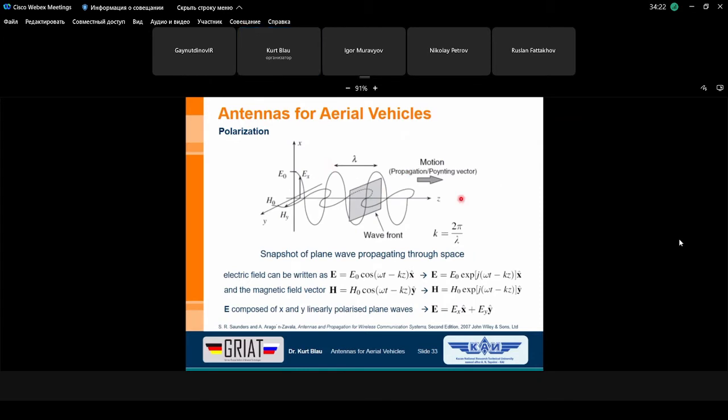Then this is another sketch to understand it a little bit better. We assume that the electrical part of the electromagnetic wave, meaning the E field part, is going out here, in this case, in the plane of the x-axis.